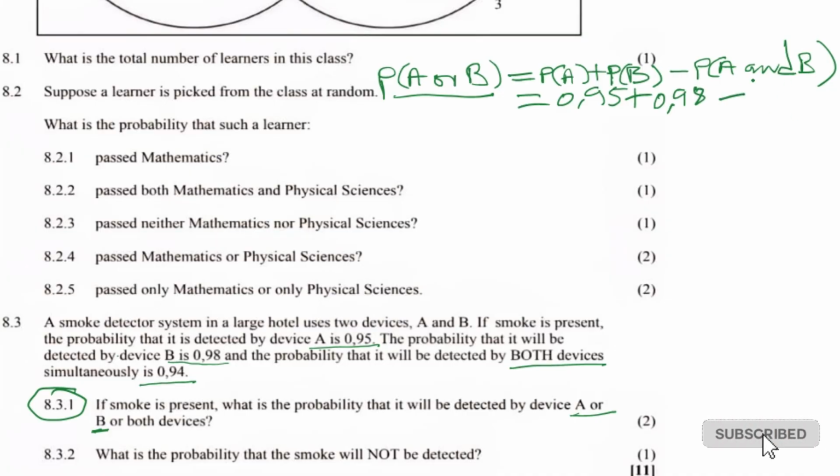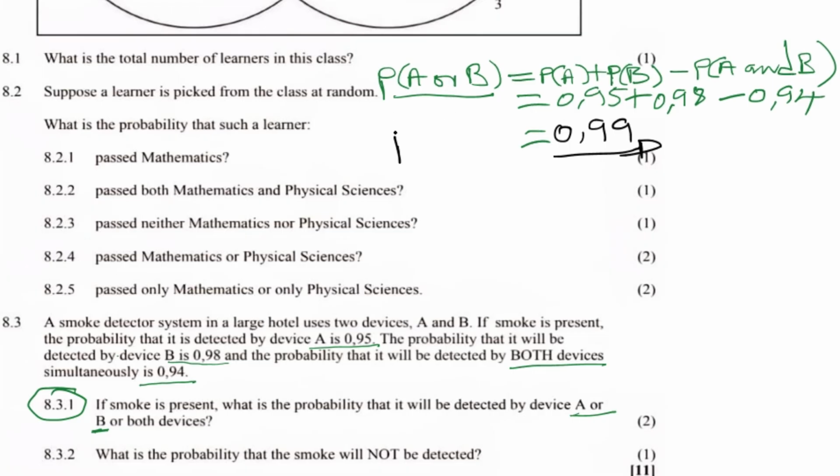Are we given the probability of A and B? Yes, that is 0.94. Now we press our calculators to find the answer. The answer that I get is 0.99. That is the probability of A or B.